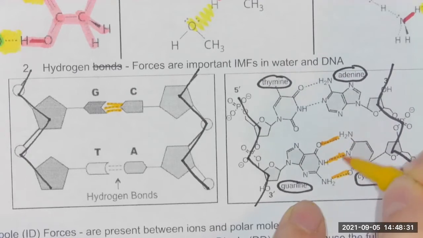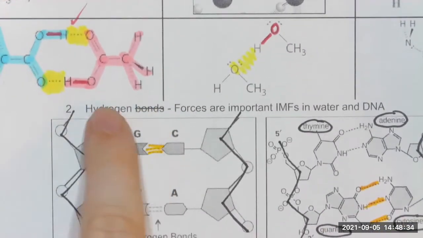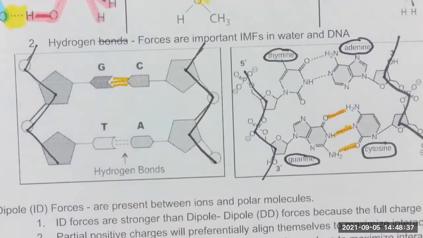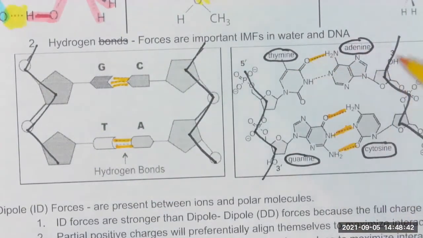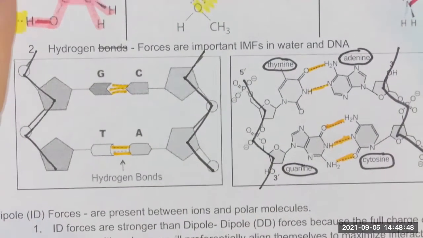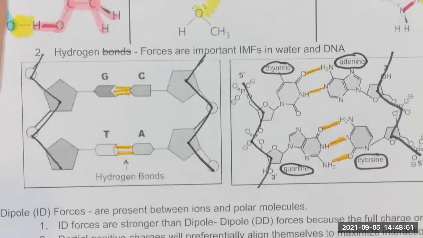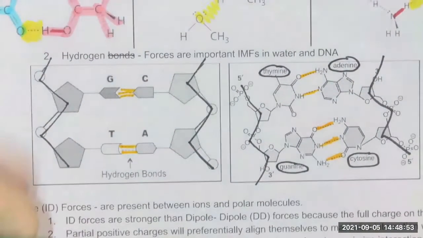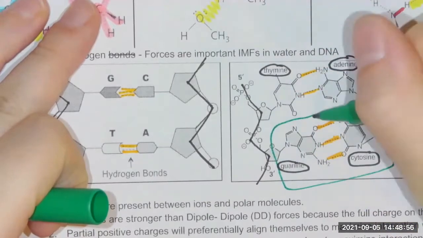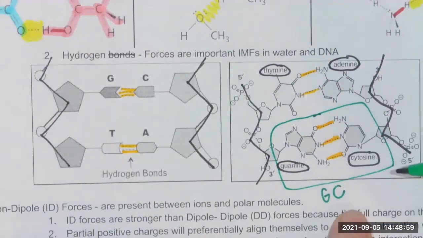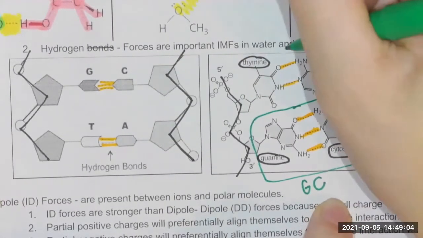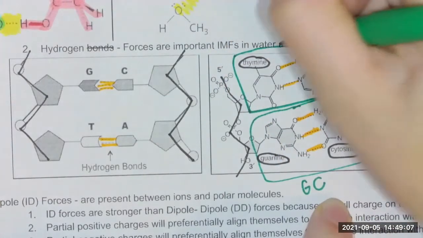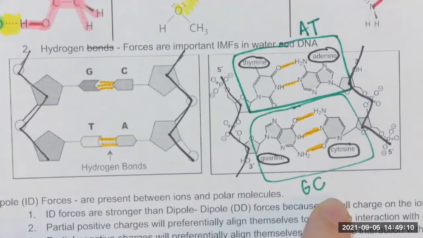There are 3 hydrogen bonds, aka hydrogen forces, that hold together guanine and cytosine. There's only 2 that hold together adenine and thymine. So a question that you might get on the AP test is, explain why someone with more GC DNA would have stronger DNA than someone that has more A's and T's in their DNA?